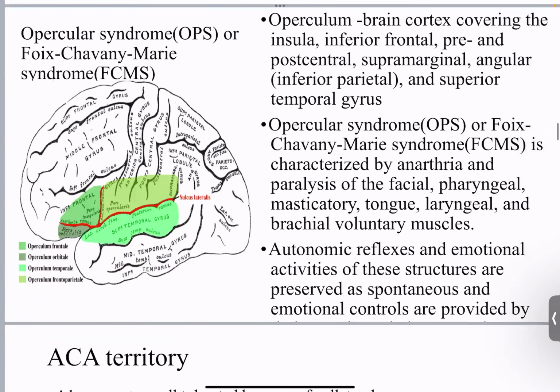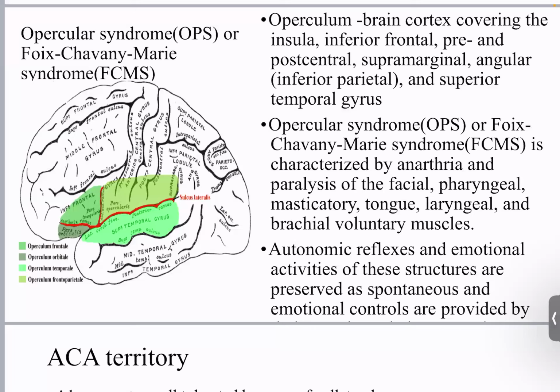Opercular syndrome, or Foix-Chavany-Marie syndrome. The operculum is as depicted in this image. It is the brain cortex covering the insula, inferior frontal, pre and post central, and supramarginal, angular, and superior temporal gyrus.